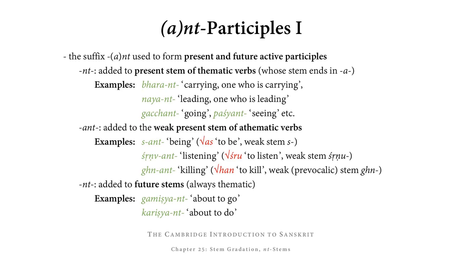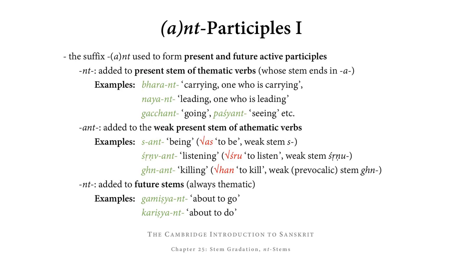Thematic verbs have a stem that ends in the thematic vowel, hence their name, so the stem ends in a, and to that we then find nt added, and this gives us the present active participle. So for example, from bharati, to carry, we get bharant, carrying, one who is carrying. From ni nayati, to lead, we get nayant, leading, one who is leading. From gam gacchati, we get gacchant, going. From drish pashyati, to see, we get pashyant, seeing, and so on.